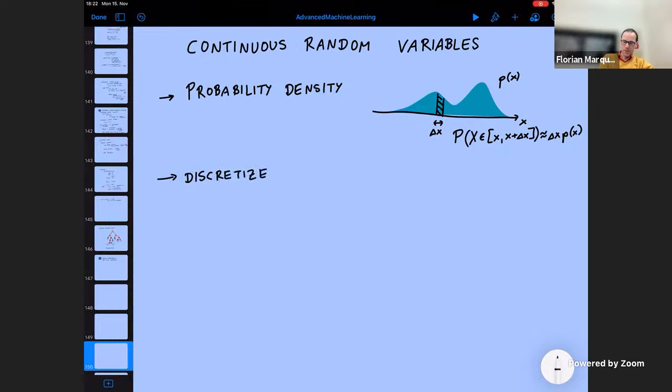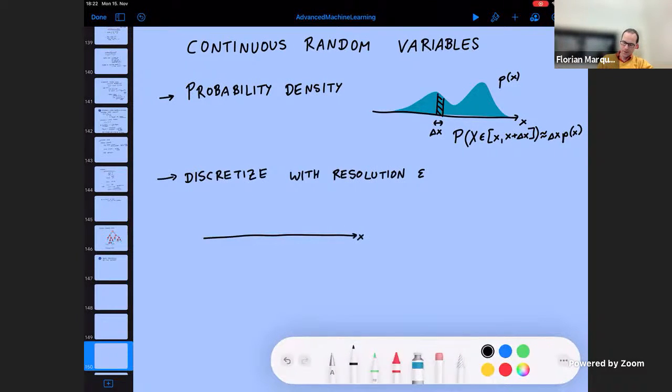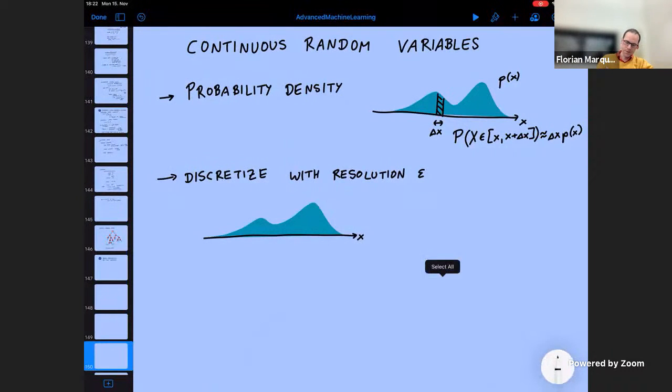So we will discretize with some resolution, let's say epsilon. And so I would then have the same picture, of course, but I have introduced new bins, and I count everything that sits inside one of the bins.